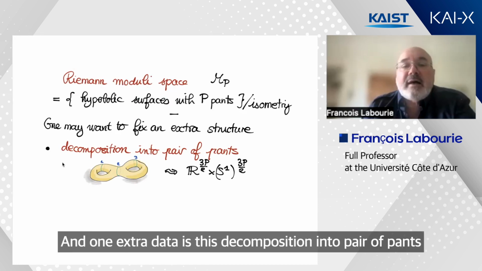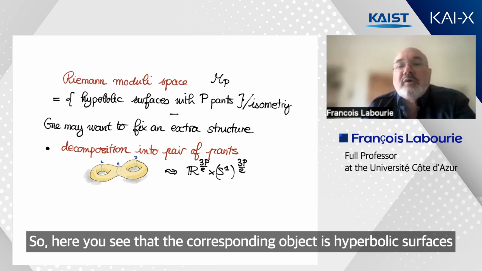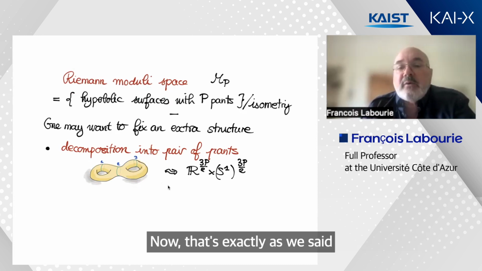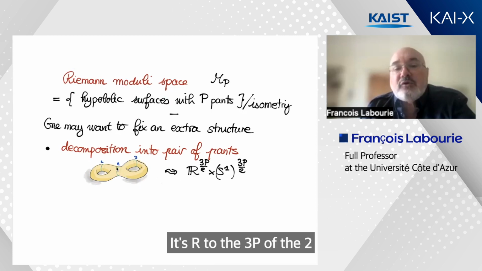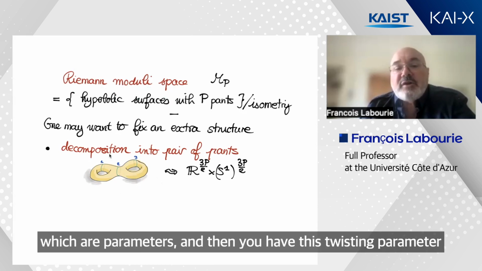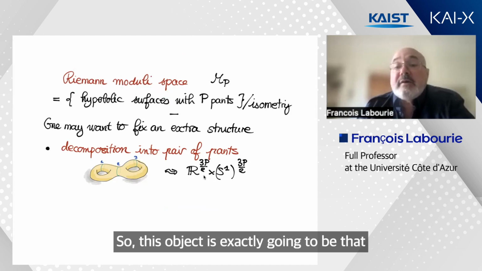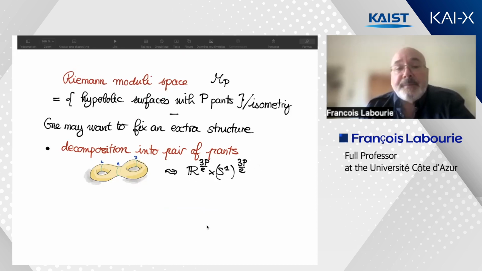One extra datum is this decomposition into pairs of pants. So here you see the corresponding object, hyperbolic surfaces with p pairs of pants with a fixed decomposition into pairs of pants. Now that's exactly as we said, R to the 3p over 2. So we have the lengths, which are parameters, and then you have this twisting parameter, which looks like S1. So this object is exactly going to be that.